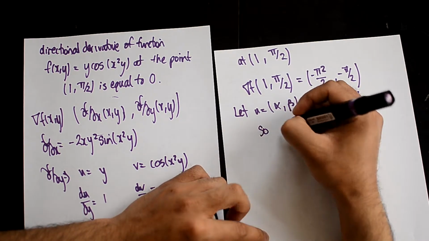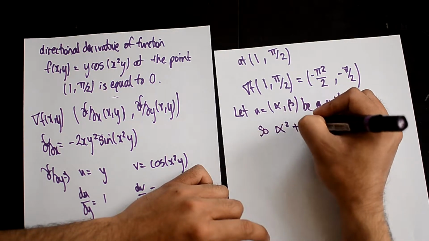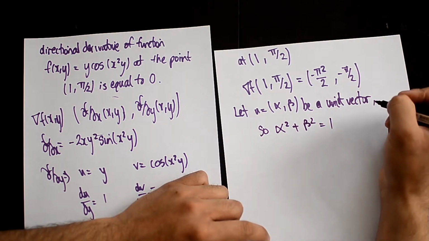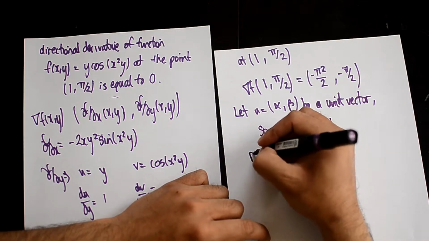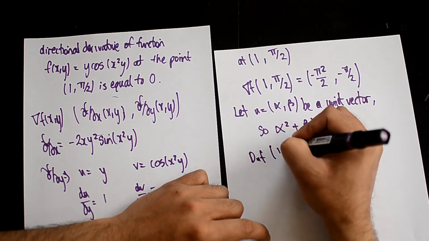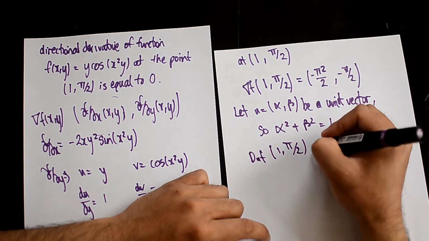So alpha squared plus beta squared equals 1. We now plug everything in.